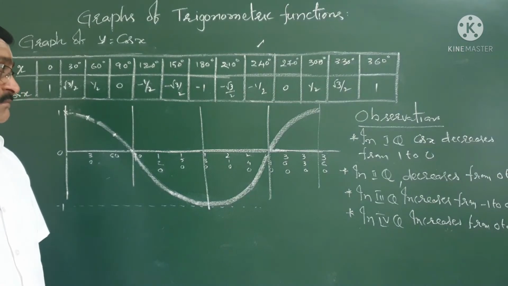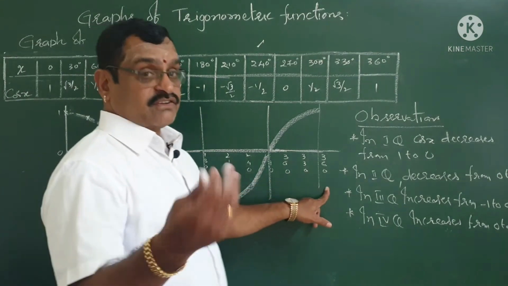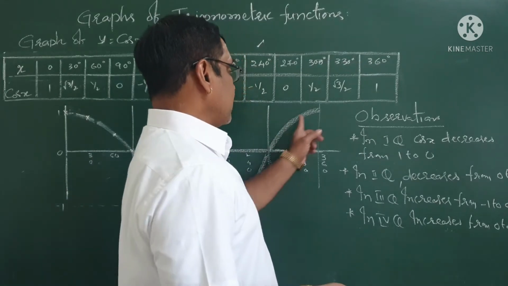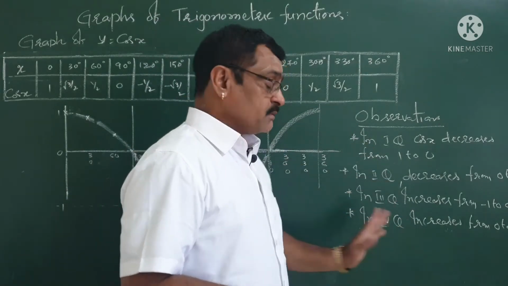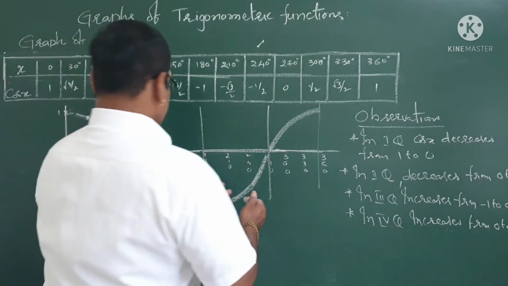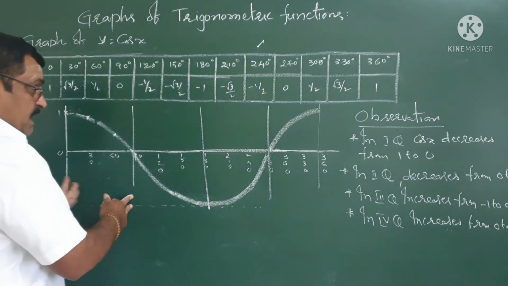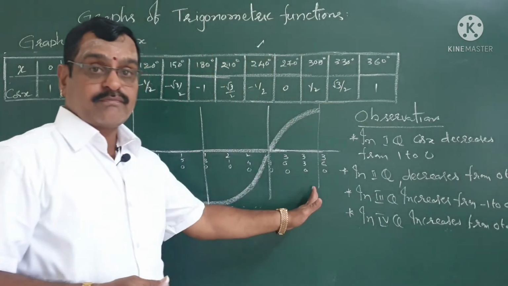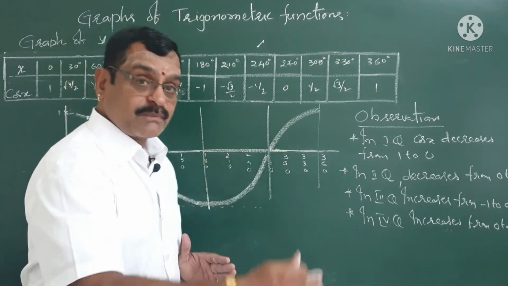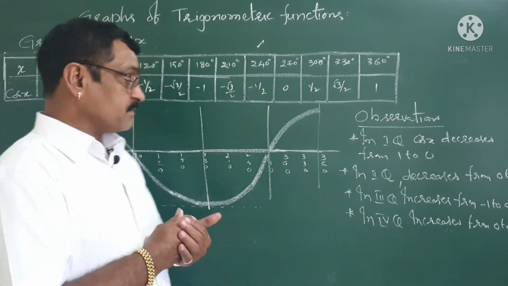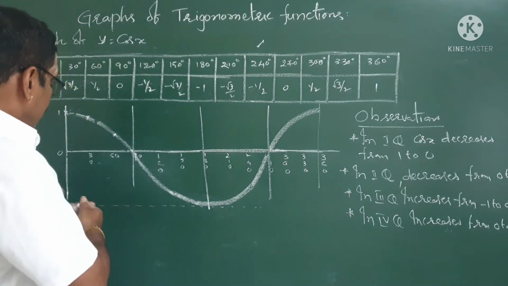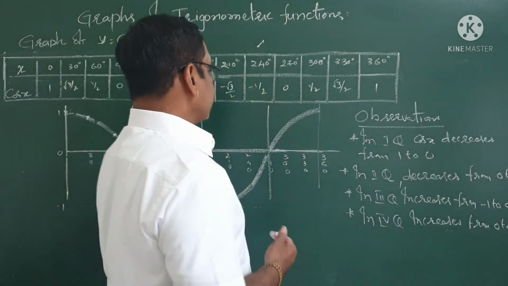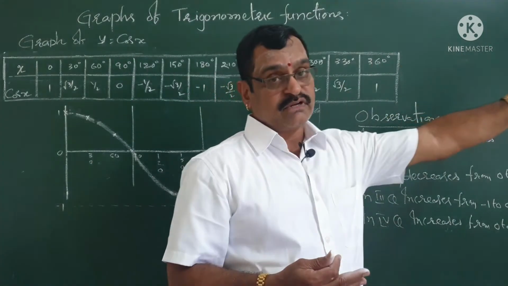After reaching 360, what happens to the graph? The graph again comes down. So the nature of the graph between 0 to 90 is the same as 360 to 450. That means the graph will repeat. It takes the same values. How long can you pull the graph? You take the values, go on continuously.